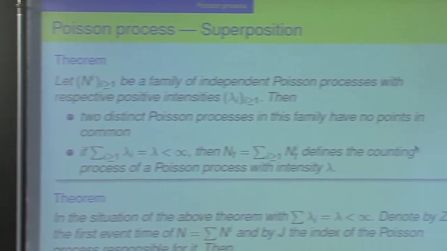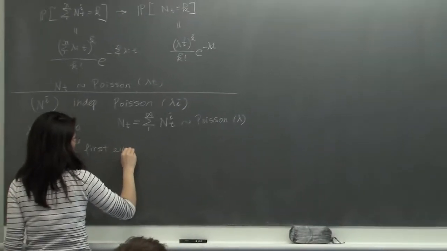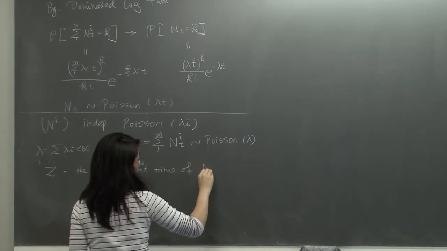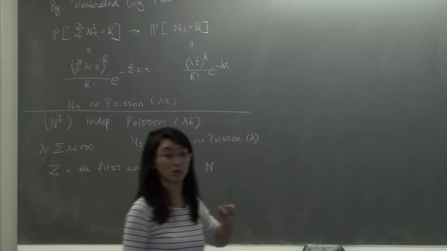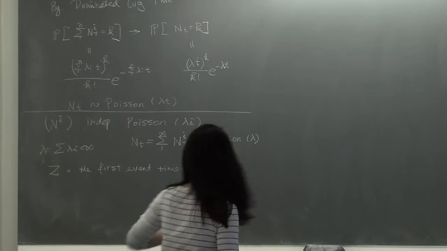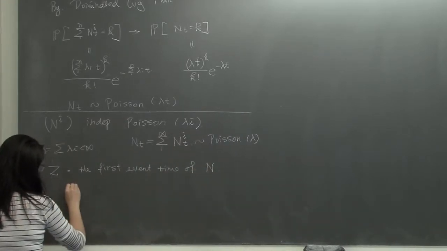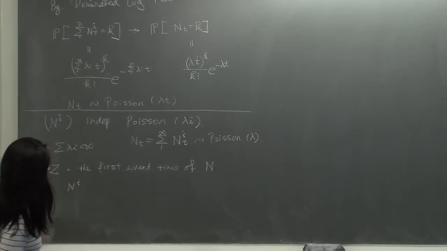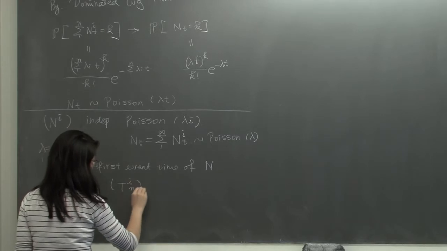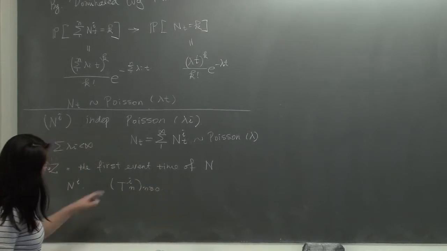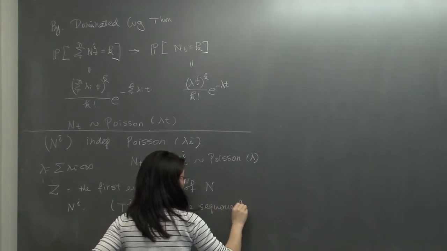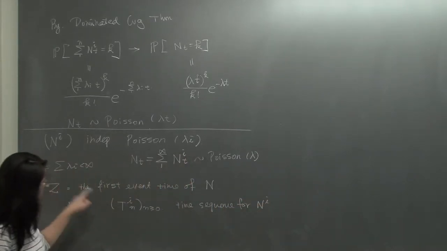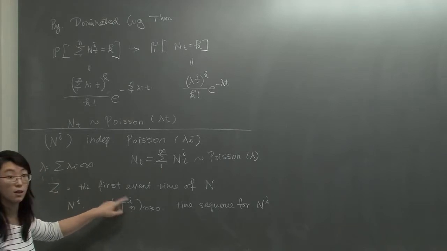We call Z the first event time of N. So this says that Z is the time when the first customer arrives in this new process N. Precisely, if we denote for each Poisson process N^i the time sequence T_1^i, then Z is just the minimum of these T_1^i.